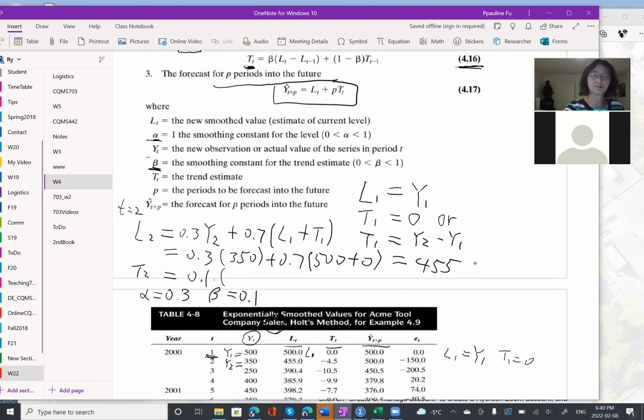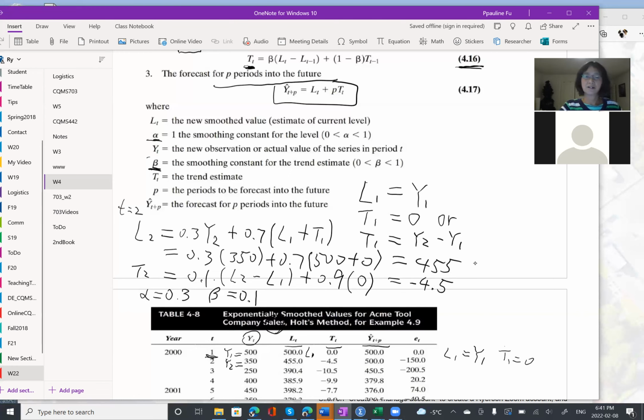T is 2, so L2 minus L1, plus 1 minus beta, 0.9, times T_{T-1}. T1 is 0. So that is negative 4.5. That is how you calculate T2.